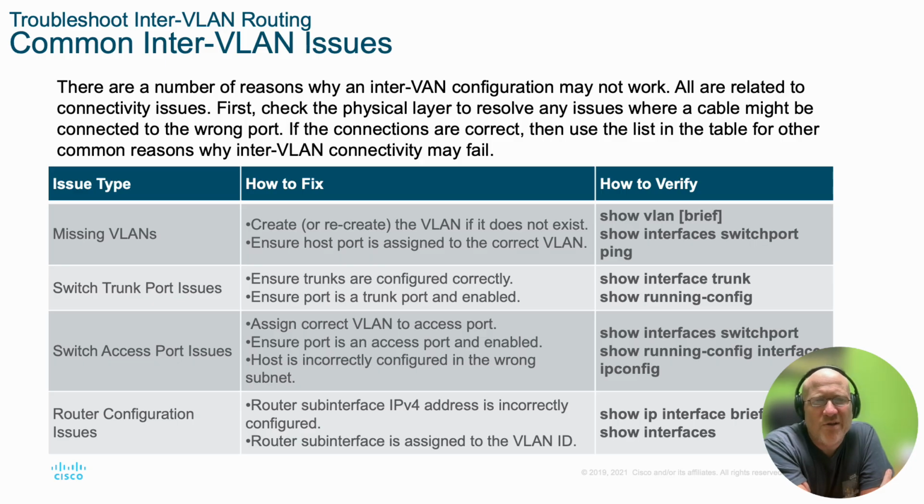Okay, and that way you can then check the interface to switchport, show running config again this time, or even do an IP config on a device, or do show IP interfaces brief. You've got to be systematic. You've got to check that they're all matching, that the VLANs, the trunks, and the interfaces are all in the right VLANs pointing in the right direction.